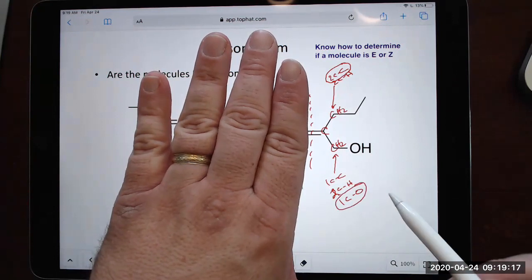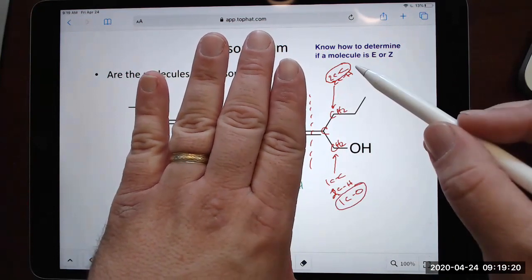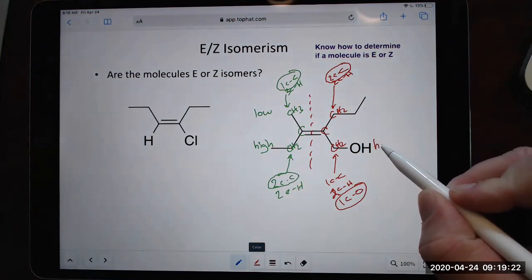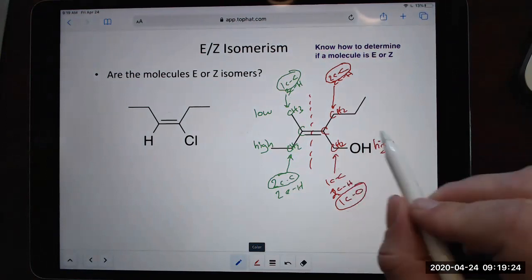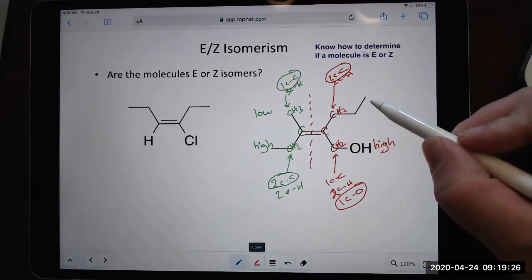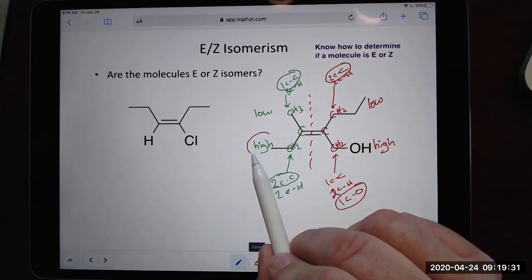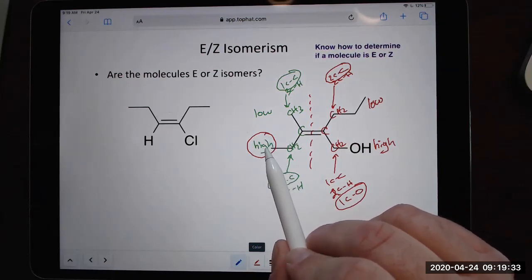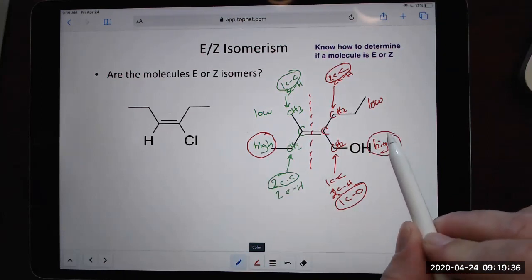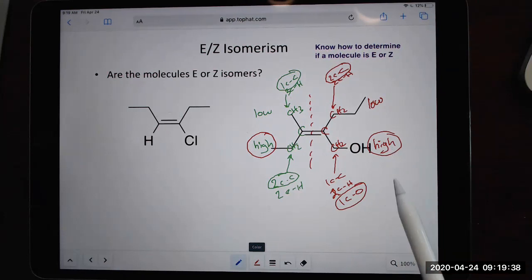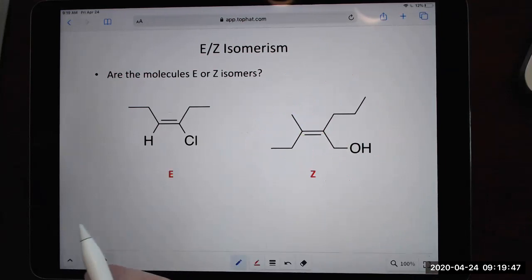Here it's carbon-oxygen. Oxygen is heavier than carbon, so that makes this side a higher priority than this, so low. So the high is down. On this one, the high is also down. They're on the same side, so this one is Z. Good luck.